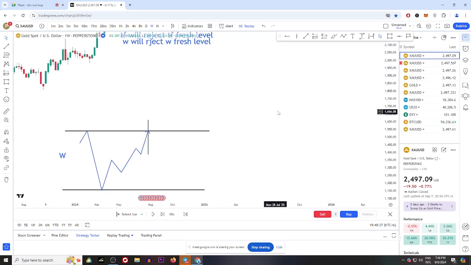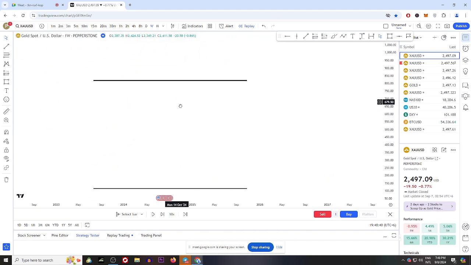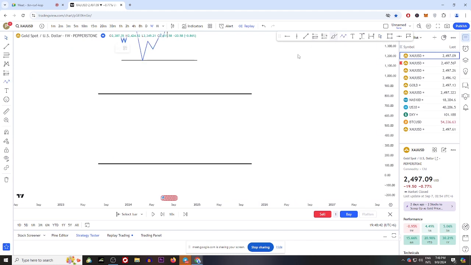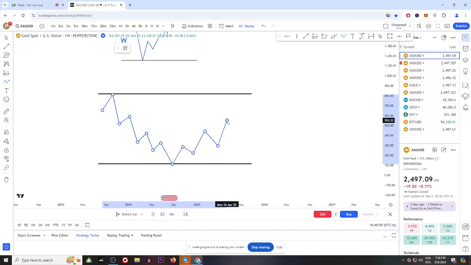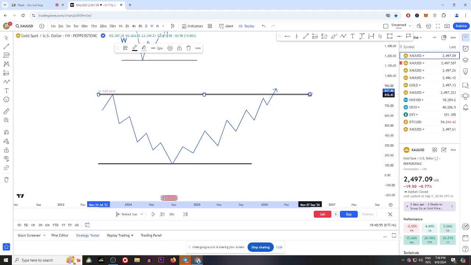Look at this, we have this daily. As the daily has five candles on a weekly basis, we will have a lot of ups and downs, which will give us an A level or V level. So this is the daily rejection where we have it.